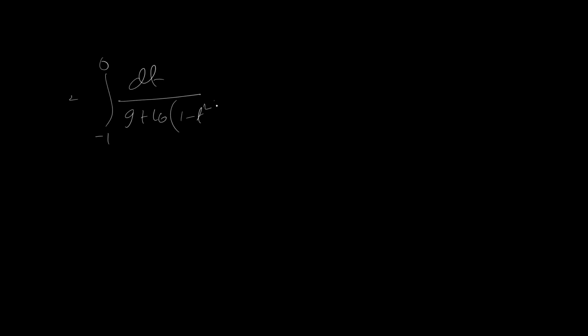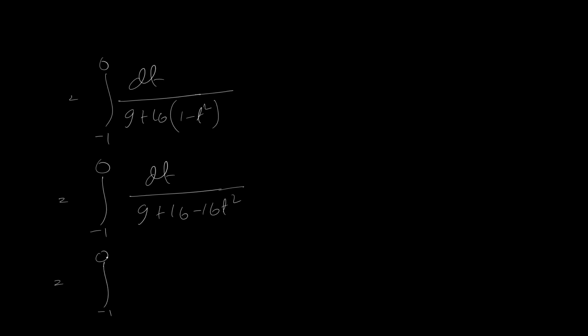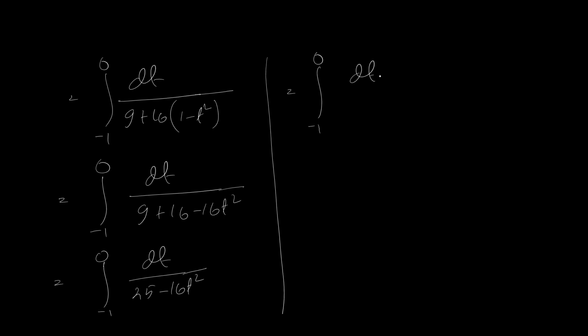This is equal to the integral from minus 1 to 0 of dt by 9 plus 16 minus 16 t square, so I get the integral from minus 1 to 0 of dt by 25 minus 16 t square. So this is dt by 5 square minus (4t) the whole square.